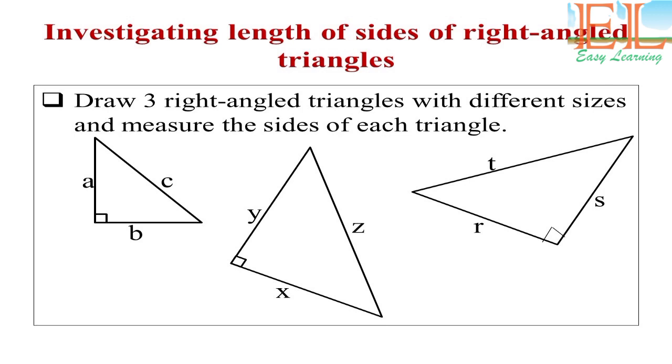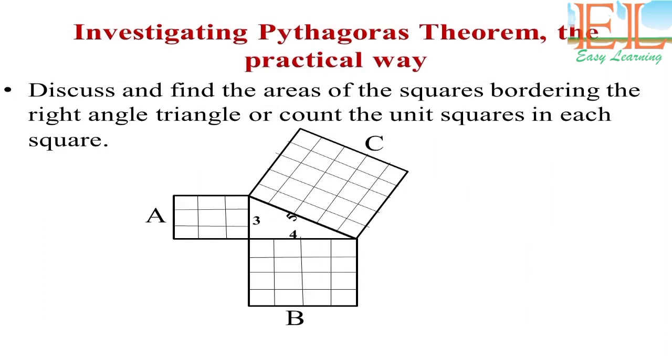Now we extend it to a practical session where we have a right angle triangle with sides 3, 4, 5. The 5 is the hypotenuse. The sides 3 and 4 form the right angle. Now we want to investigate this.